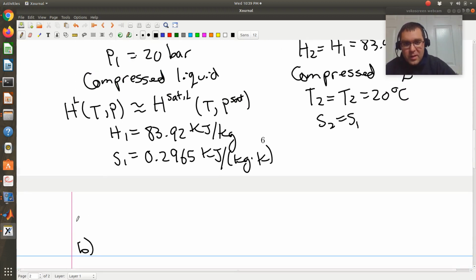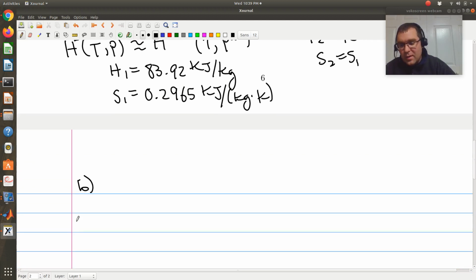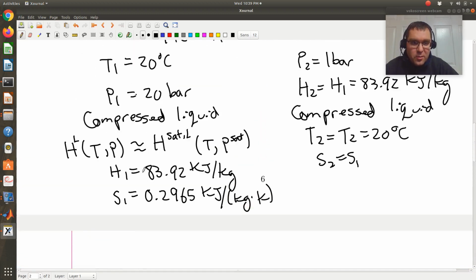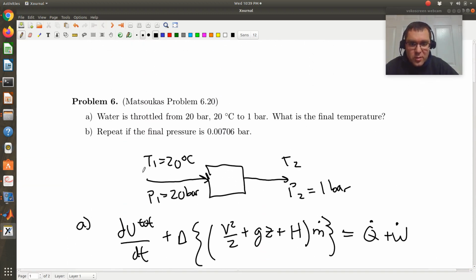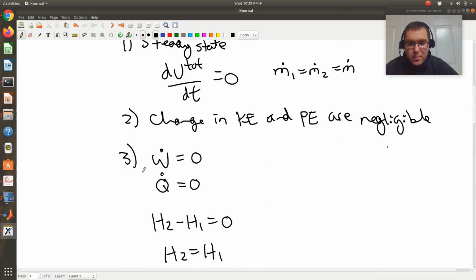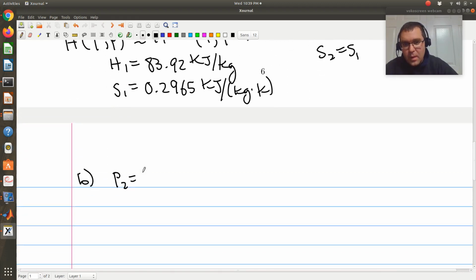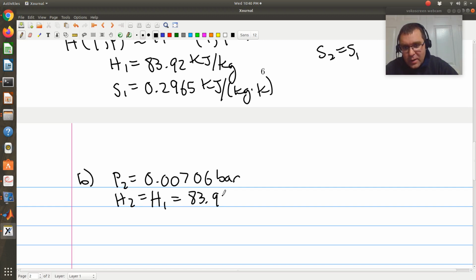What's going to differ is that now we're told P2 is 0.00706 bar. All right, that's pretty small. And again, we're going to have H2 is equal to H1, and that's equal to 83.92 kilojoules per kilogram.